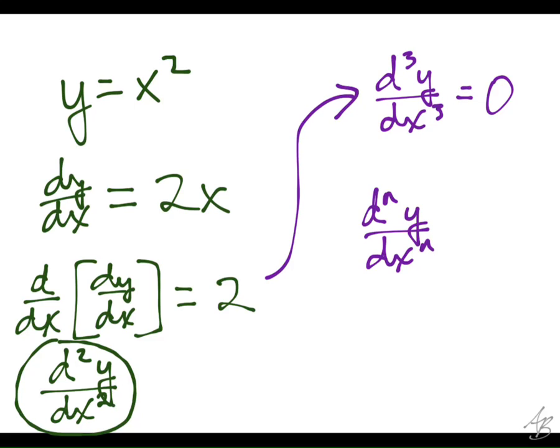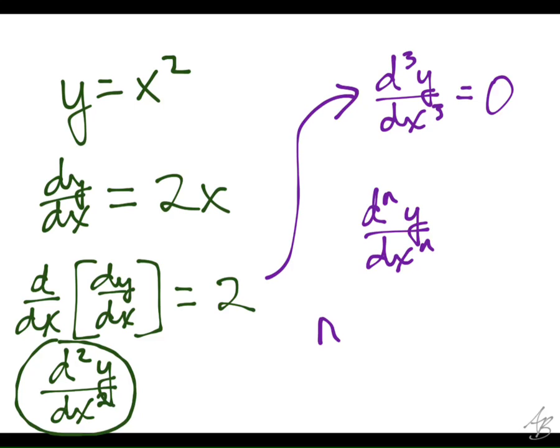And as long as n is 3 or bigger, for this example, it's going to be what? 0. So when we're talking about higher order derivatives, we can take derivatives of derivatives. Since they're functions themselves, we can take derivatives of them. The nth derivative is what we call it.